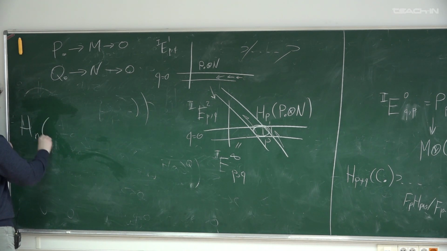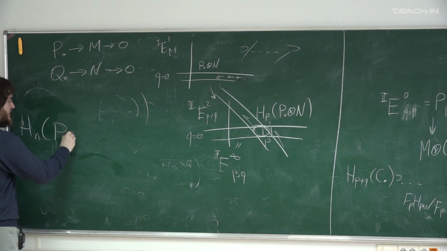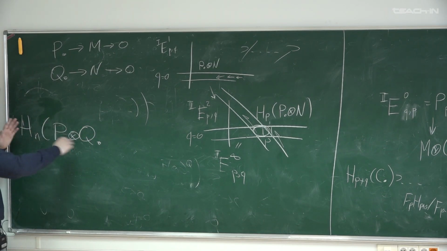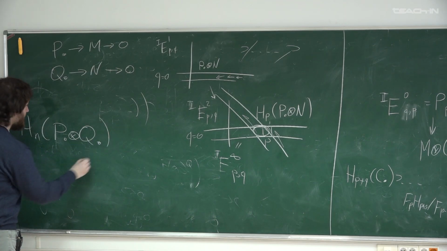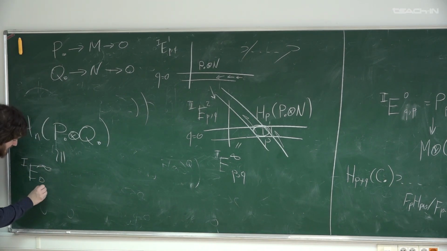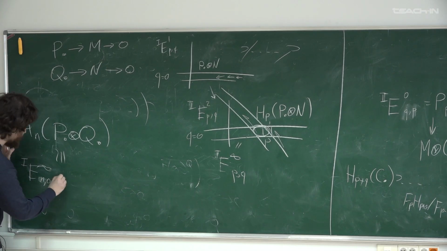So in fact, you obtain that H_n of P tensor Q... No, it's here. It's not complex, it's the total complex. It's the standard product of chain complexes, the total of the corresponding double complex. It's isomorphic to E-infinity of the first. On the nth diagonal, there is only one element in the 0 row. It's (n,0). Sorry, yes.